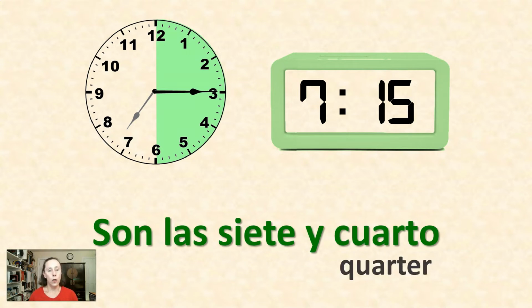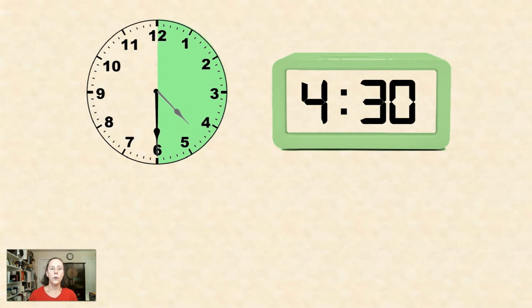Now please note, cuarto means quarter. Cuatro means 4. The T and the R switch places. You will need to study this and drill it so that you got your cuatro and your cuarto clear and separate in your mind. All right, let's continue.